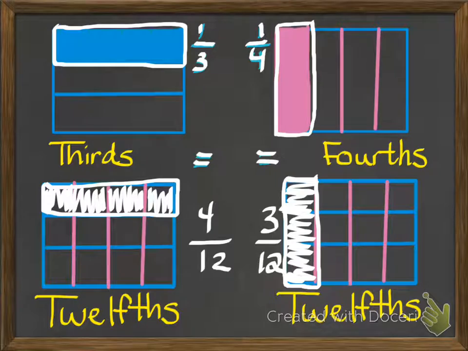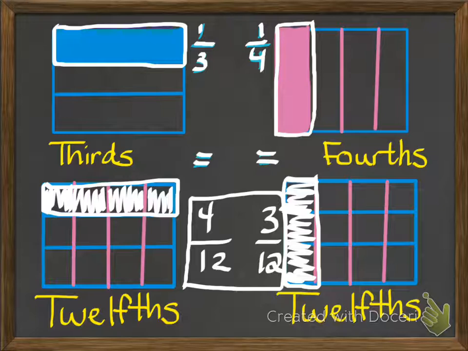Okay, so I can see that 1/3 equals 4/12 and 1/4 equals 3/12. If I was going to compare just these two numbers, 4/12 and 3/12, which one is bigger? Well, 4/12 covers up more area than 3/12 does.